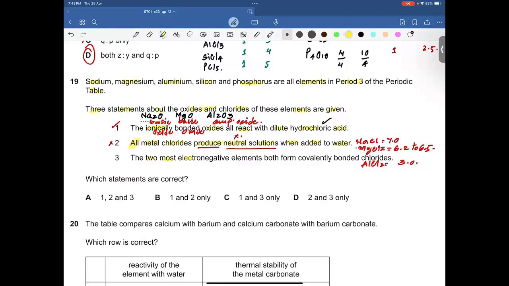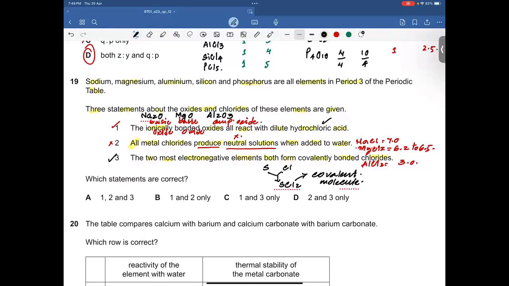The 2 most electronegative elements form covalently bonded chlorides. The 2 most electronegative elements in period 3 would be sulfur and chlorine. And if you mix these 2, you will get SCl2, which is covalent. The molecule exhibits covalent bonding. All right, the third statement is correct.